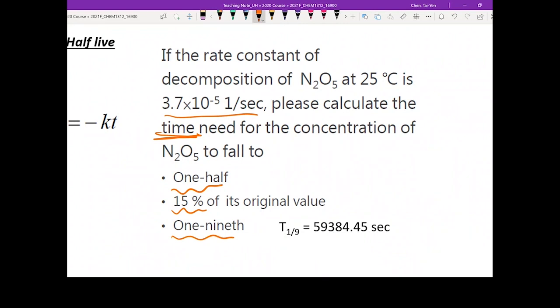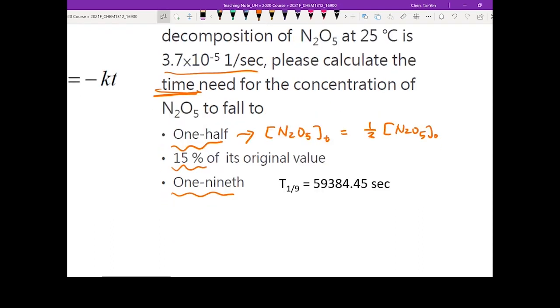The only thing that changed is that it did not directly tell you the concentration of your A_t. Rather, it describes your A_t relative to your initial concentration. When the concentration drops to 1/2, that means your N2O5 at time t is going to equal 1/2 of N2O5 at time 0.